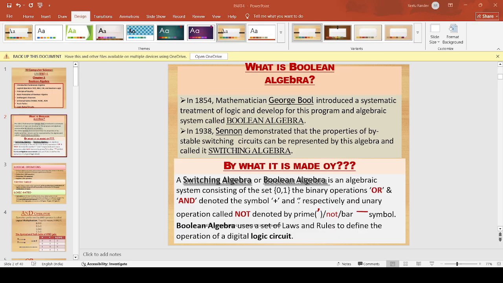Now proving the second part of the second theorem, xy · (x̄ + ȳ) is equal to 0. So xy · (x̄ + ȳ), applying the distributive law, gives xy · x̄ + xy · ȳ, and applying the associative law, then the complementarity law, x · x̄ is 0, so 0 · y plus x · y · ȳ, where y · ȳ is 0.